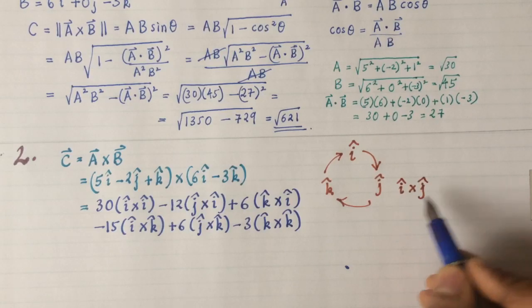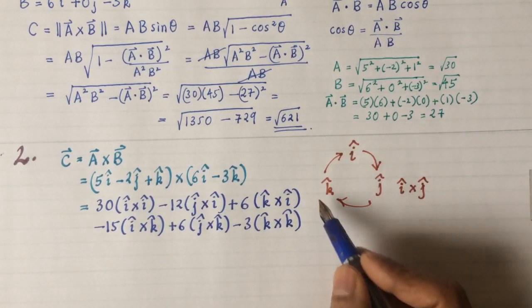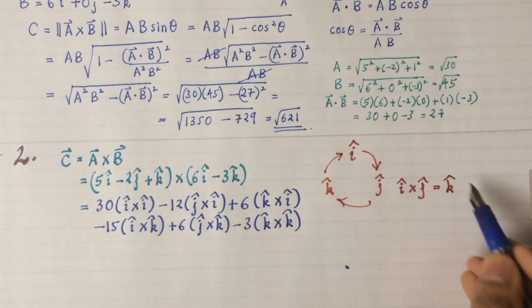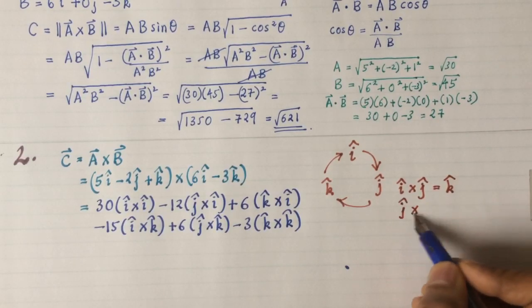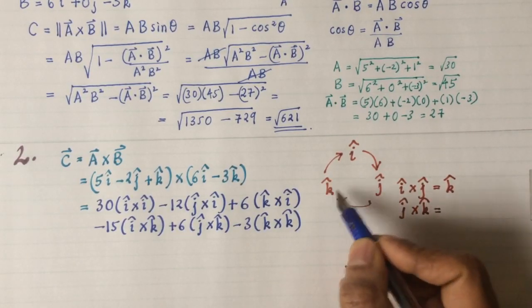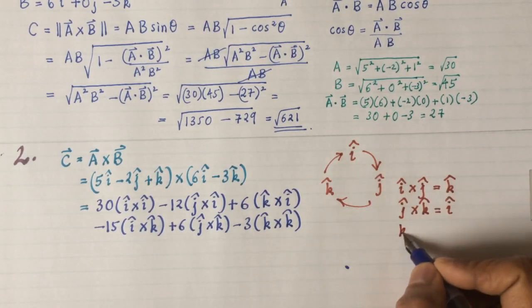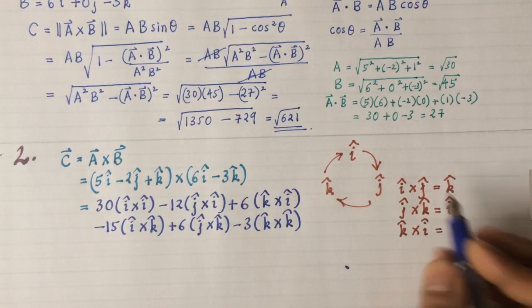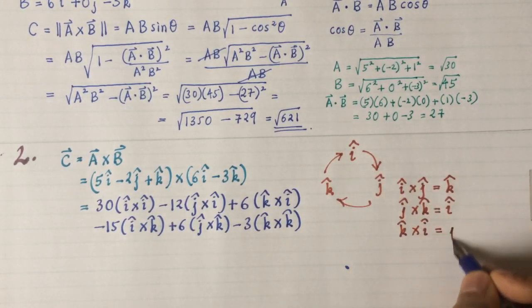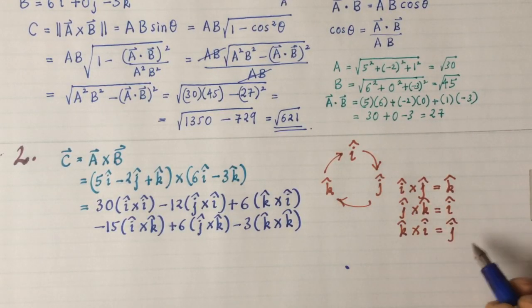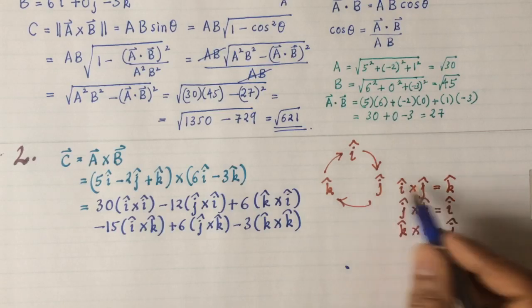I cross j, well, it's moving in the direction of the clock, so it's going to be k. j cross k is i, and k cross i is j. If you're going against the clock, you're going to get the negative value.